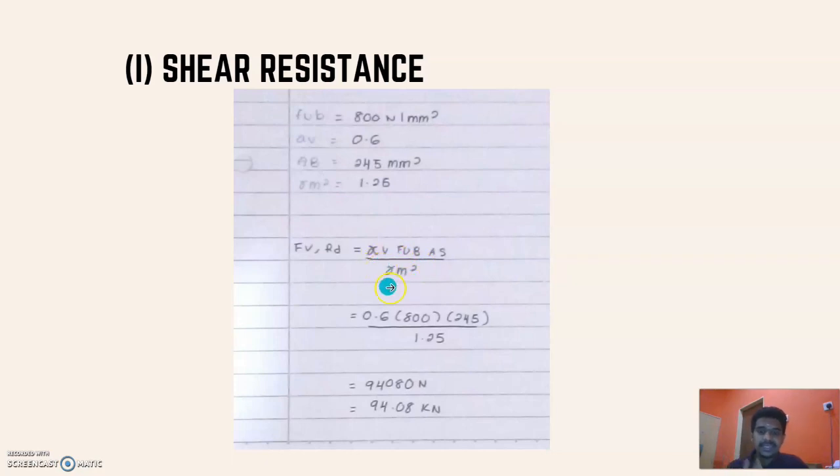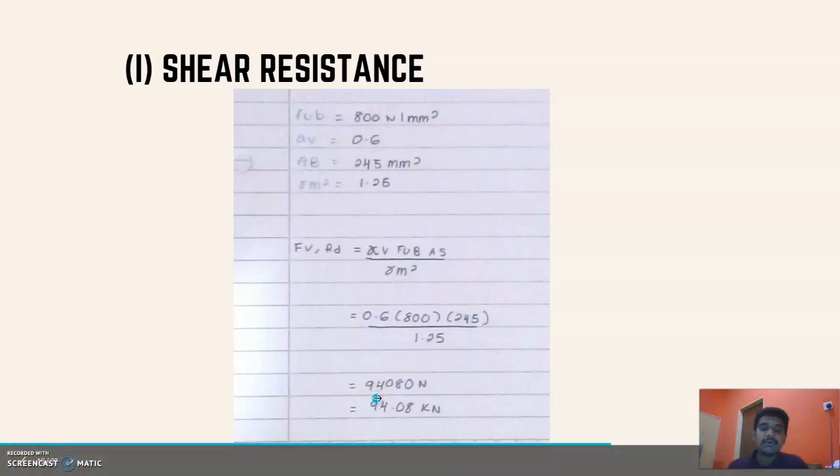Okay, alpha v is 0.6, fub is 800 and As is 245, and gamma M2 is 1.25. We calculate on the calculator and we get 94080 Newton, and we round off and get 94.08 kilonewton. This is the shear resistance.